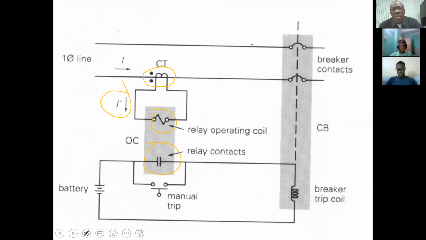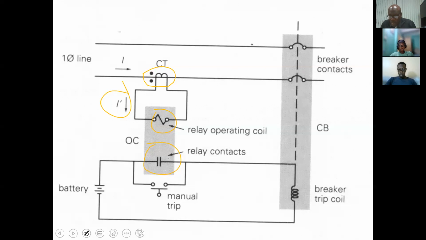Now, of course, the assumption here is that we have an instantaneous overcurrent relay, which means that there is no consideration for the magnitude above the top current that comes to the relay. All right. And that is something that you are going to be testing in that first lab exercise. So there is a condition for an instantaneous overcurrent, which means that once the current exceeds a certain value, it's going to trip.